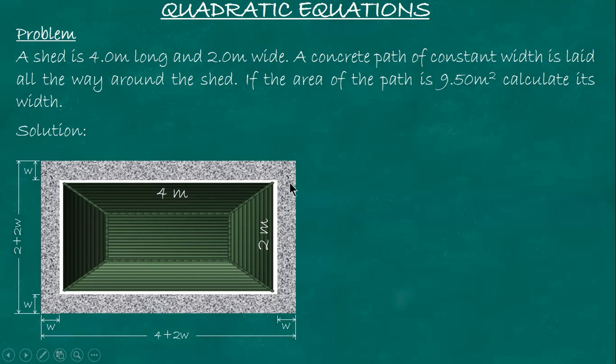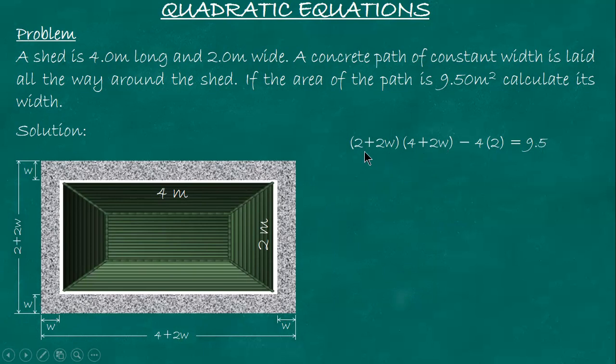If this is 9.5, then the area of the concrete path is actually the difference of two rectangles: the bigger rectangle minus the smaller rectangle. So this one: 4 plus 2W times 2 plus 2W minus 4 times 2. That is our equation: 2 plus 2W times 4 plus 2W minus 4 times 2 equals 9.5.